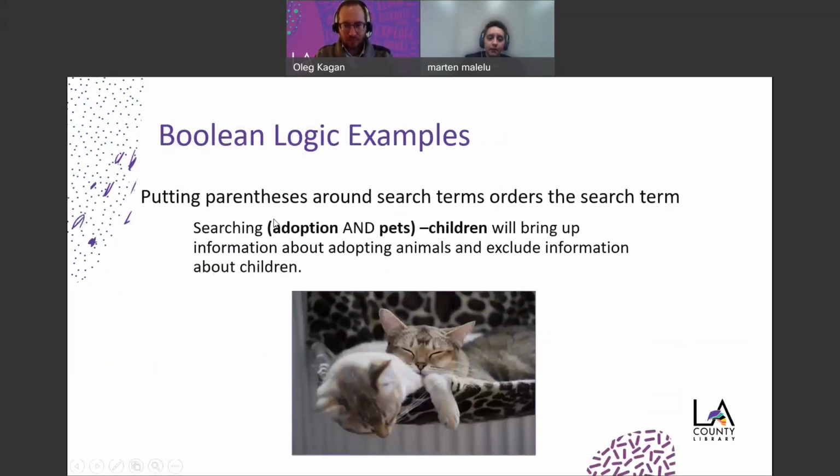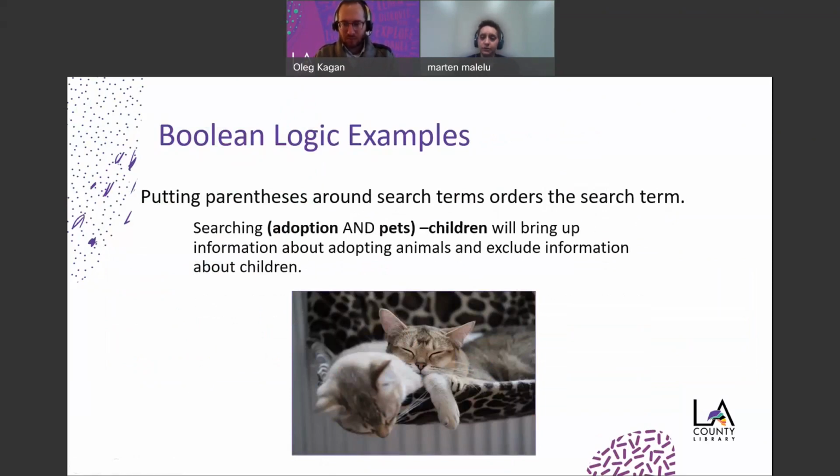Here we have the parentheses around adoption and pets. I could put a plus sign instead of the AND, like Oleg so generously demonstrated for us earlier. So I would put these parentheses around adoption and put plus pets and then it would search adoption and pets.